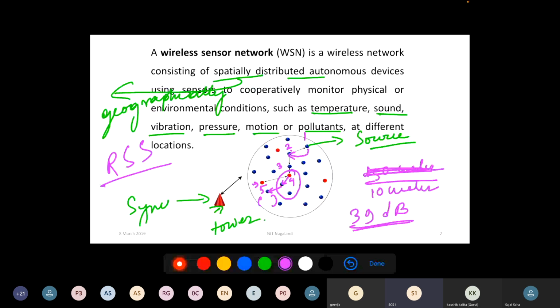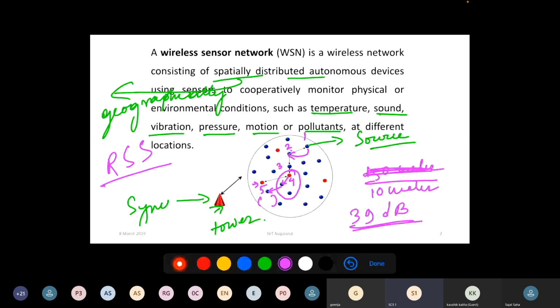So if it reaches more than 39 dB, in that case you can make a legal complaint. ओके सर। 39 dB के ज्यादा होने से इसका हेल्थ हैजर्ड आ जाता है। इसलिए देखना, हॉस्पिटल के नजदीक में कोई टावर नहीं रहता है। Because that tower's electromagnetic interference may interfere with your CT scan or MRI. So you can check what is the received signal strength.